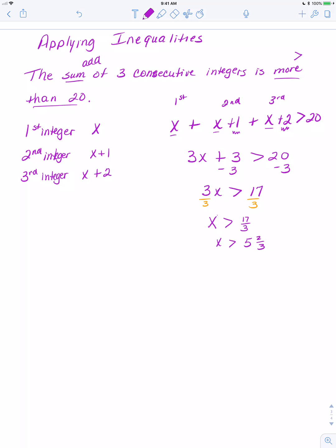So x would have to be greater than 5 2/3, and I just converted the 17 thirds. So then probably the smallest one would be x could be 6, x plus 1 would be 7, and x plus 2 would be 8. So those would be your 3 integers that would be more than 20, and those would be the smallest ones. Anything above that then would also work. So that's that one example.